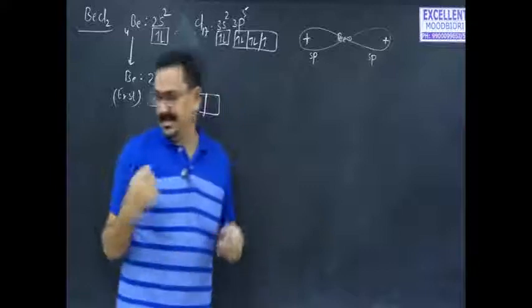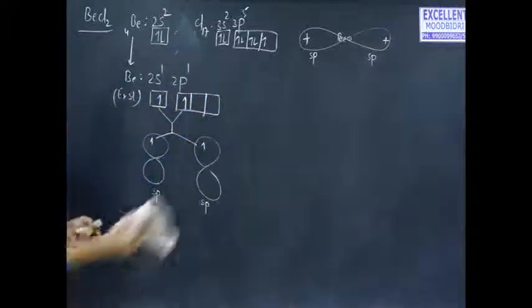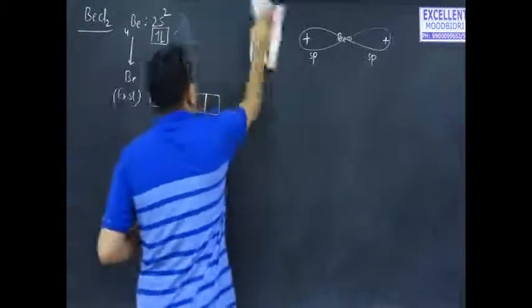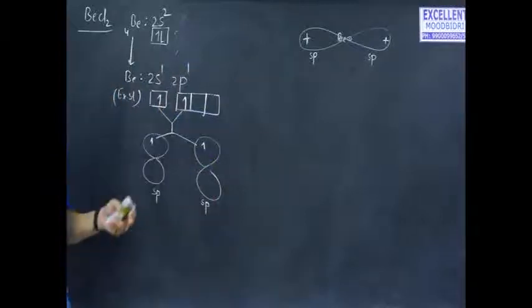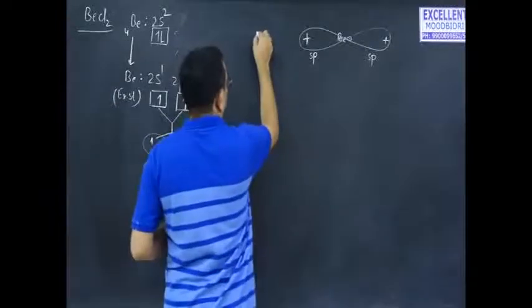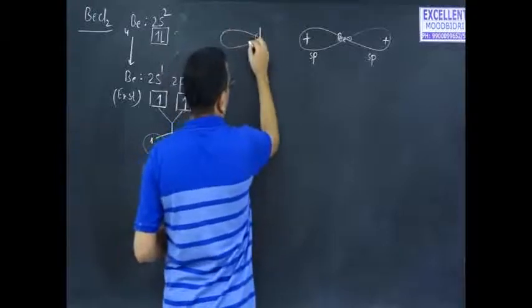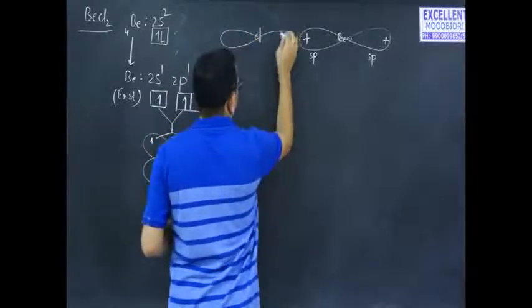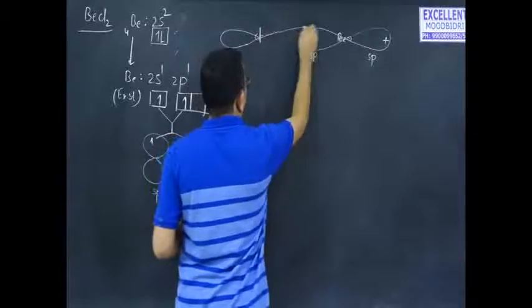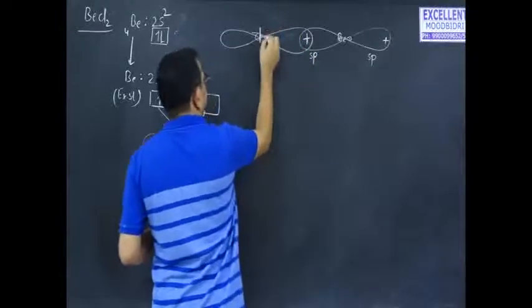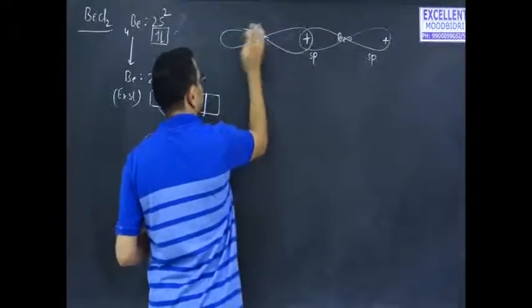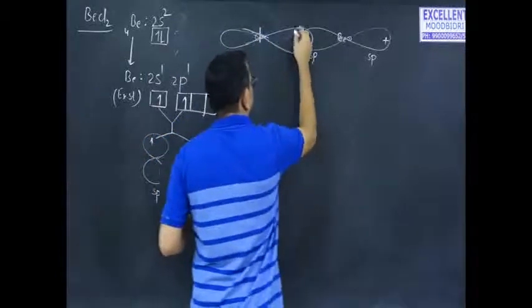Now this beryllium is approached by the half-filled p orbital of chlorine. Chlorine has a pz orbital. So this is a pz orbital of chlorine, suppose.